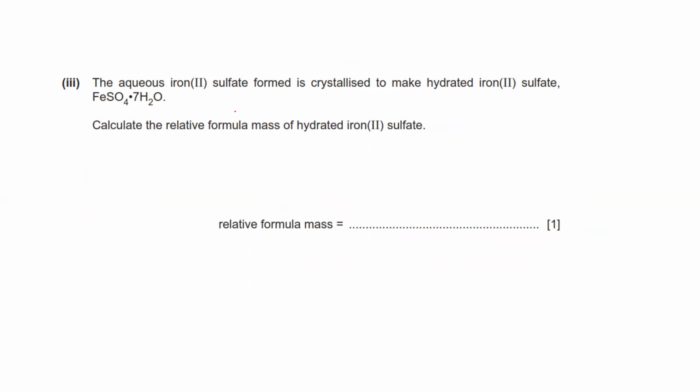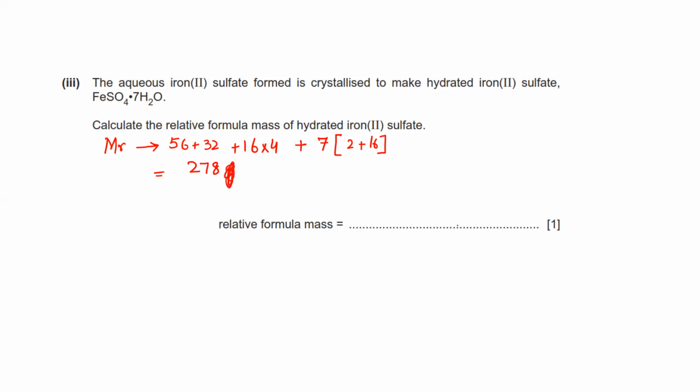So remember, calculating the molecular mass of this formula, iron is 56 plus sulfur 32 plus oxygen 16, and there are 4 atoms. Then we have 7 multiplied by hydrogen is 2 plus oxygen is 16. If we add all of these together, it comes out to be 278 grams, or it's a relative formula mass.